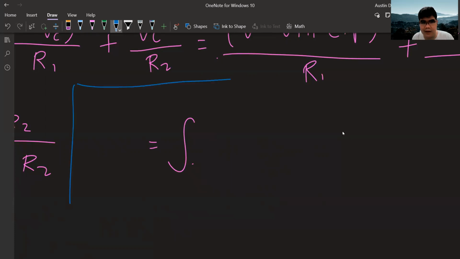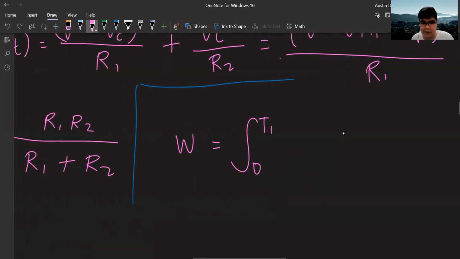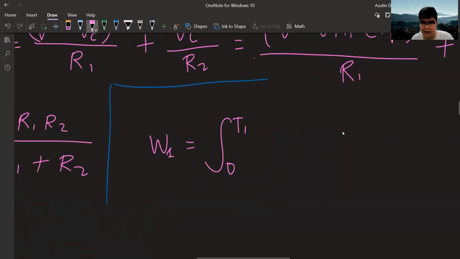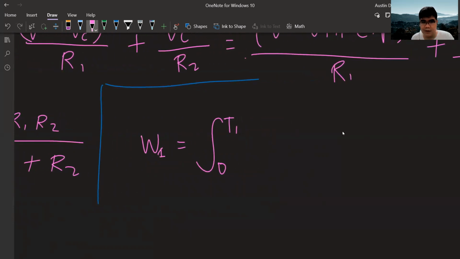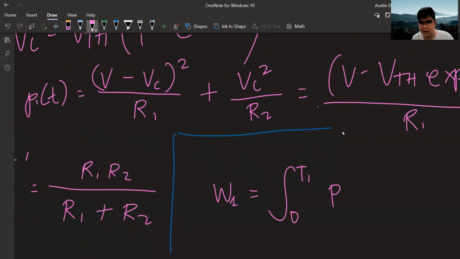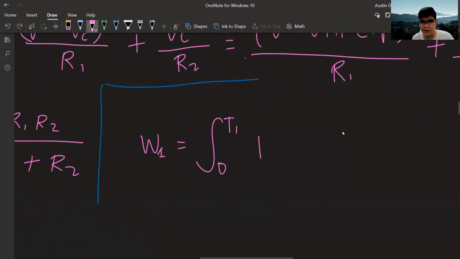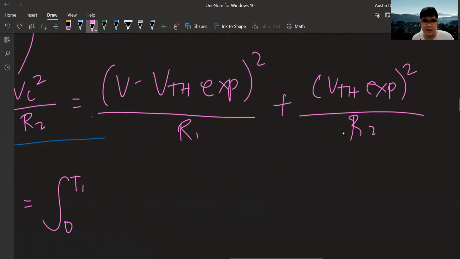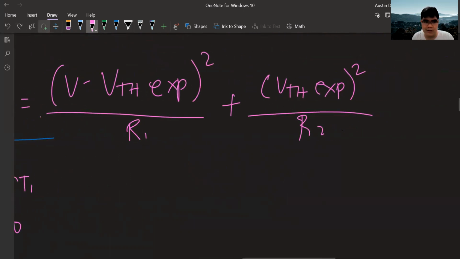So, I have W that is 0 from T1. Kasi yung 1 lang kinukuha pa natin. W1, that is equal to P. Lagyan natin ng 1 din. Okay, so ito na mismo yung lalagay natin.